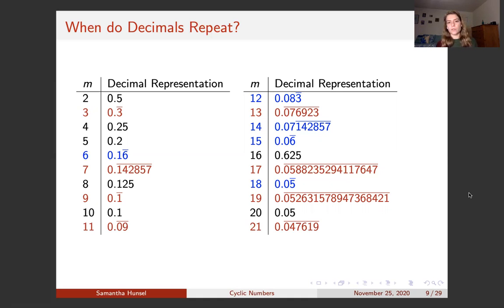And 15 is 3 and 5, and it ends 0 and repeats 6 as well. And so those are the ones that are just repeating. And since the cyclic numbers originate from decimals that repeat digits naturally, we will just concern ourselves with the denominators that repeat. So ones that have factors of 2 or 5 with an additional factor or none at all.